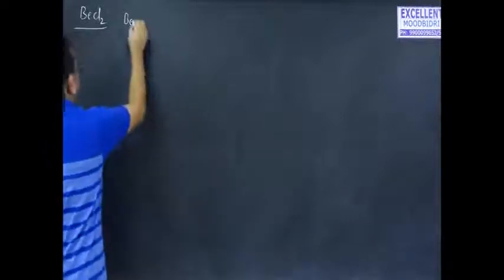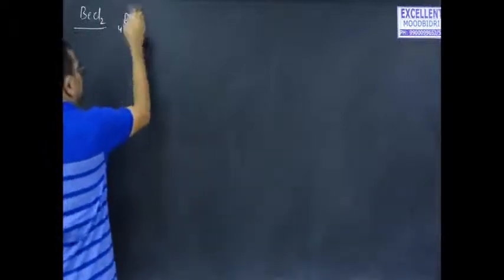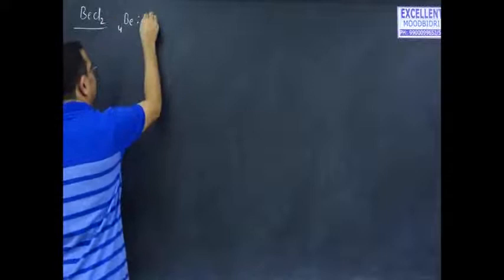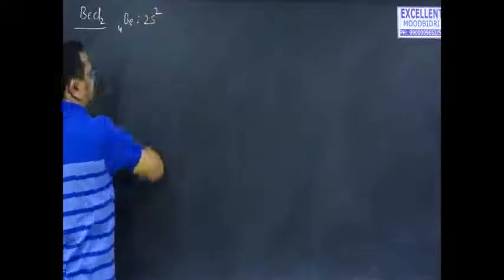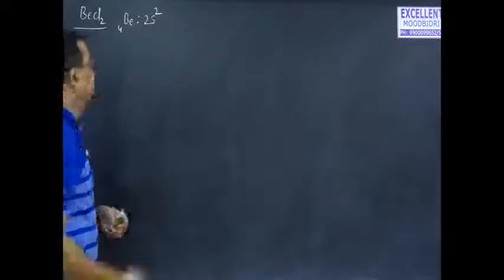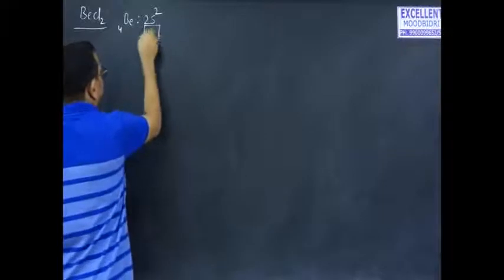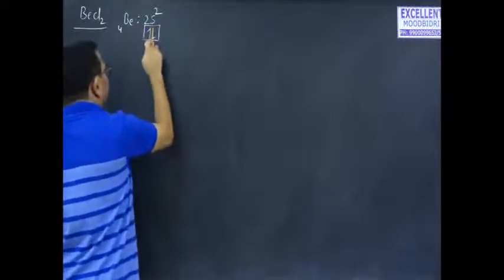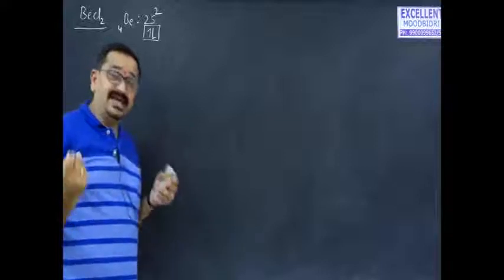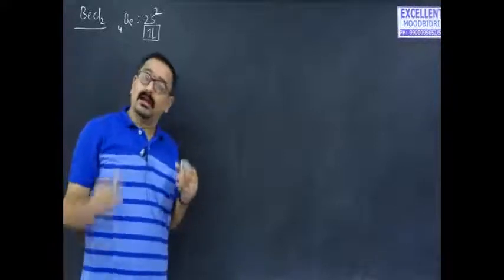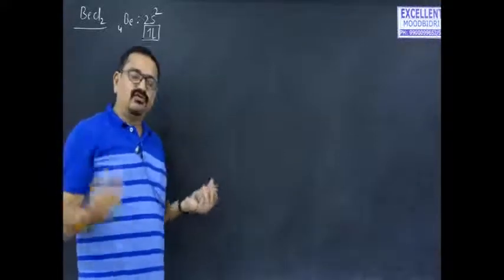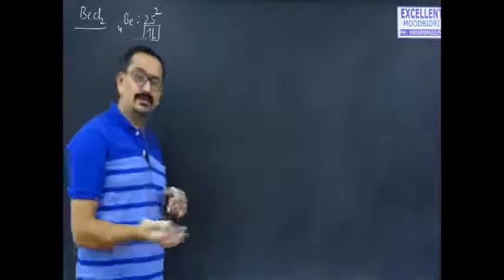Beryllium is the central atom whose atomic number is 4, and its electronic configuration is 1s2, 2s2. In this configuration, beryllium has two electrons that are paired, but to form a bond, it should have an unpaired electron.